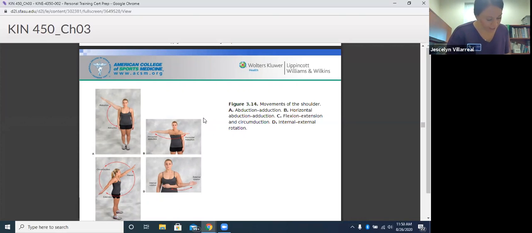Circumduction and flexion and extension. Circumduction is making circles, which shows the joint is hypermobile. Flexion would be, I'm in this position here, arm is up, and now I'm extending, and then flexion.